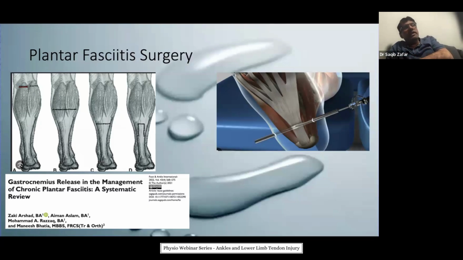There's one technique which I normally do, where I use a sharp needle under sedation in theater, and I create micro tears on the medial side of the band of the plantar fascia, but I do not go beyond 50% of the thickness. And I inject PRP into the plantar fascia itself at the same time. It's called needle scarification.